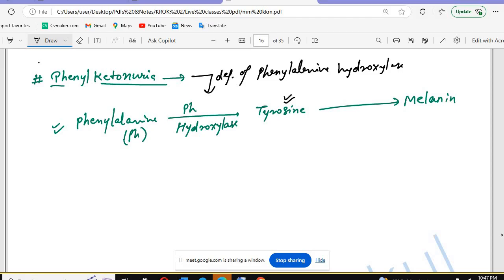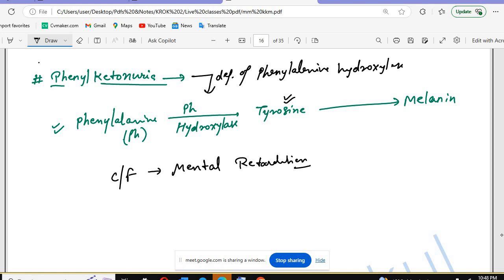The clinical feature you have to remember in phenylketonuria is mental retardation.